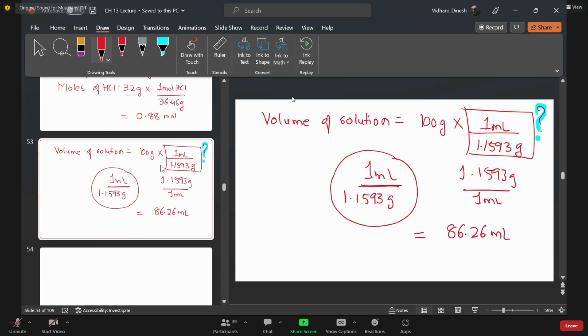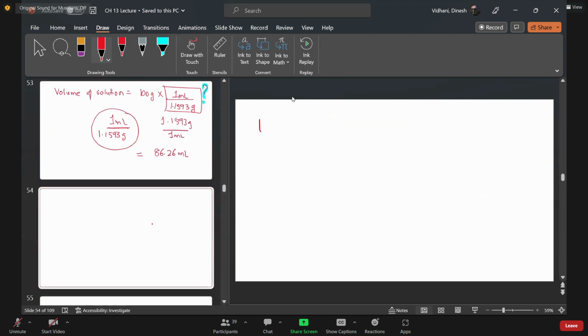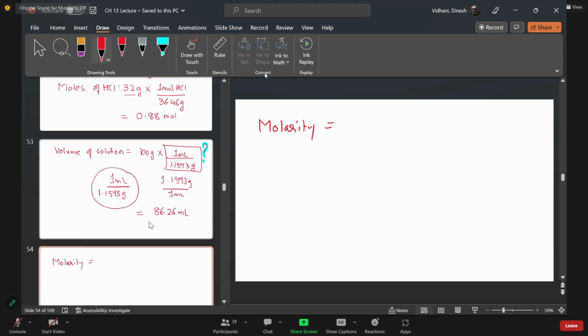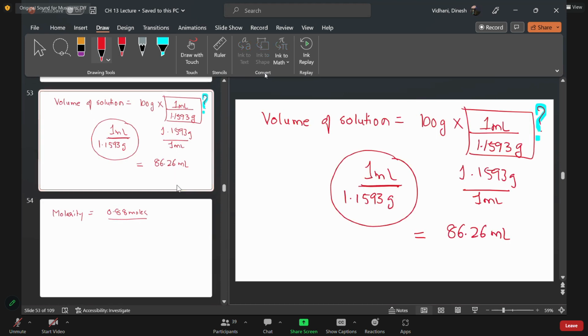Now the next thing is I got the moles, I got the volume, right? So now I'm going to plug it in the molarity equation. So molarity equals moles of solute, and the one that we found was 0.88. So I'm going to write 0.88 moles divided by, here we are given volume in milliliters. We want volume in liters because molarity is moles per liter, right?